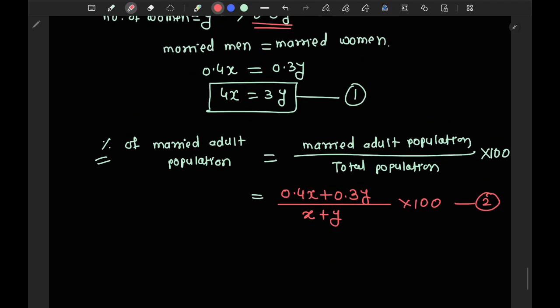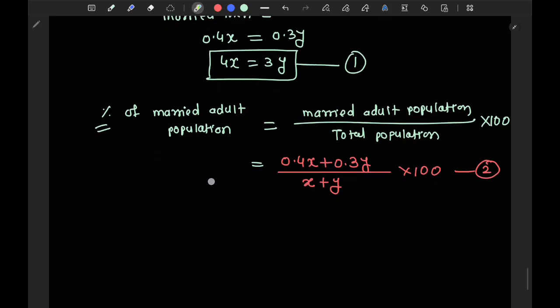Now if you look carefully at equations number 1 and 2, you can express x in terms of y, and if you put it here, y will be here, y will be here, y will be here, and y will be here. So y will get cancelled out and we will get a value, and that is what we need to find out, right?